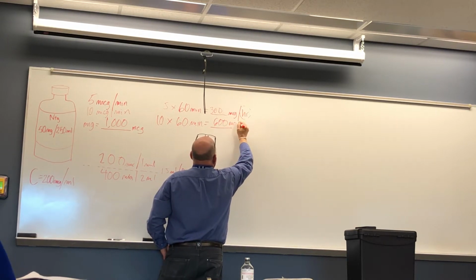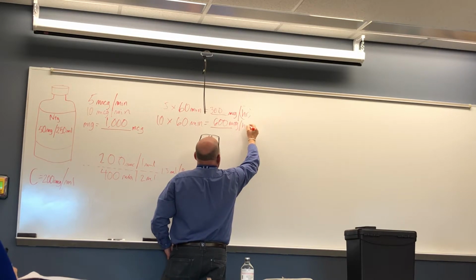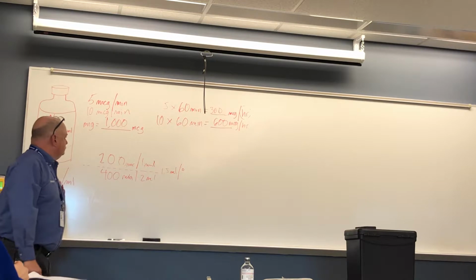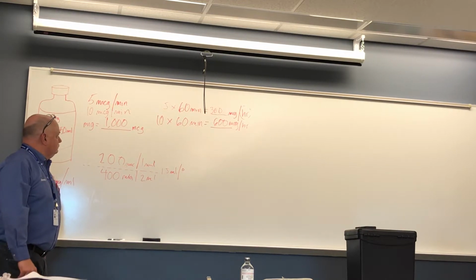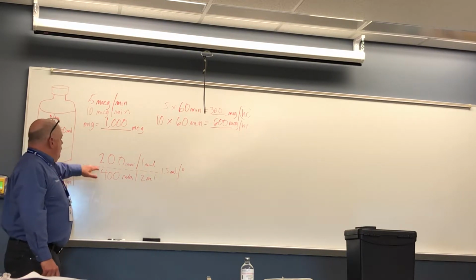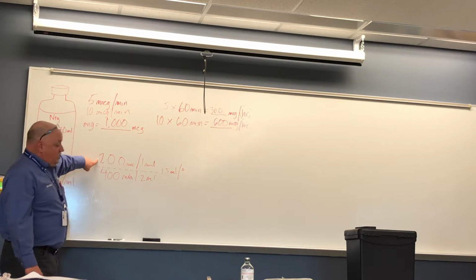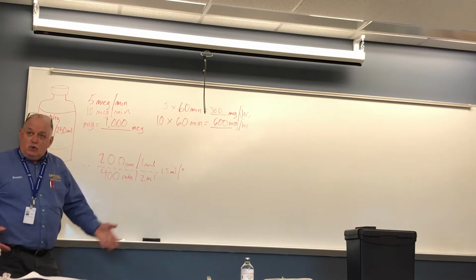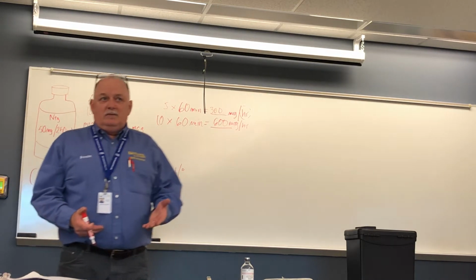Oops, that's a C. 600 micrograms per hour. So the concentration, which is the first step of med math, is 200 mics per ml. And now he's gonna get 600 in an hour.